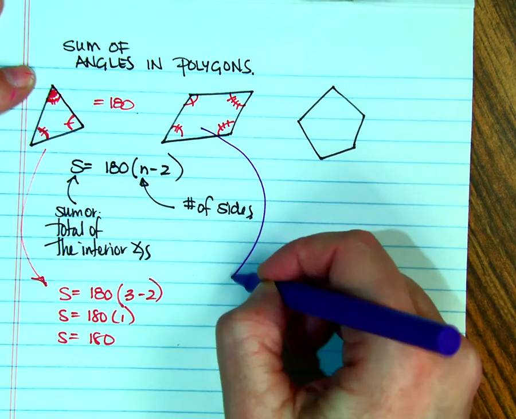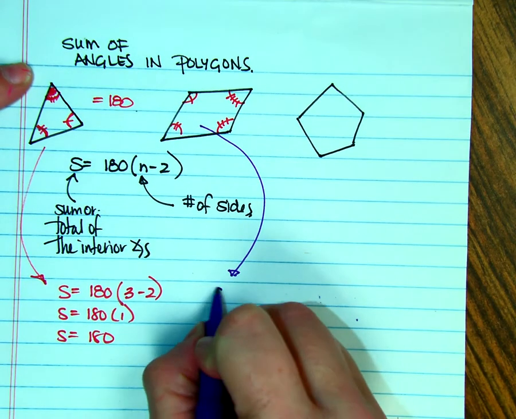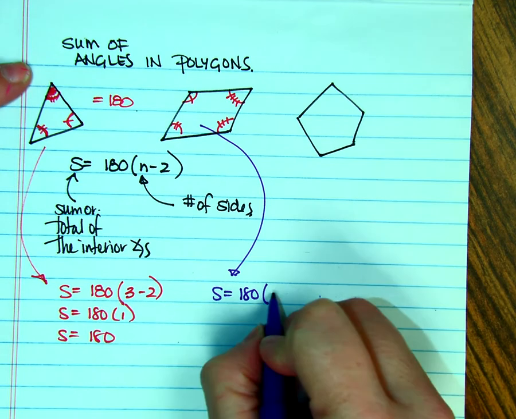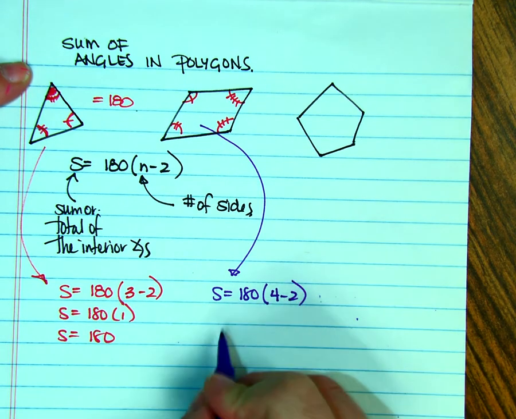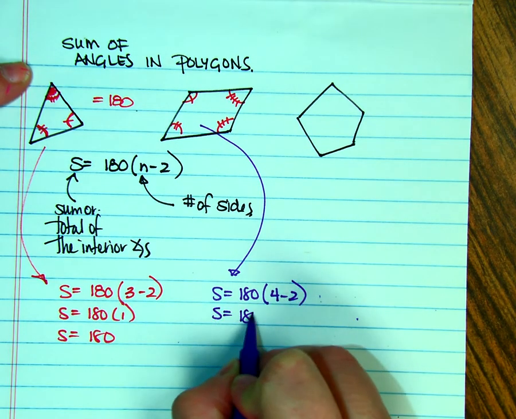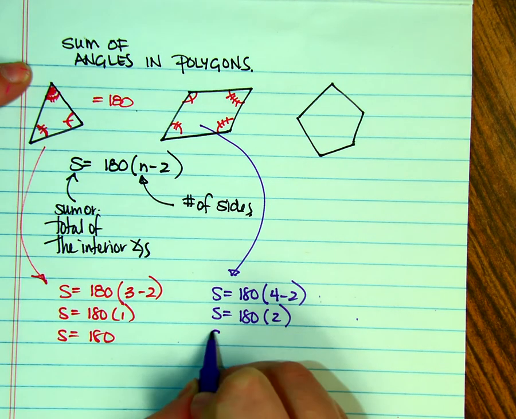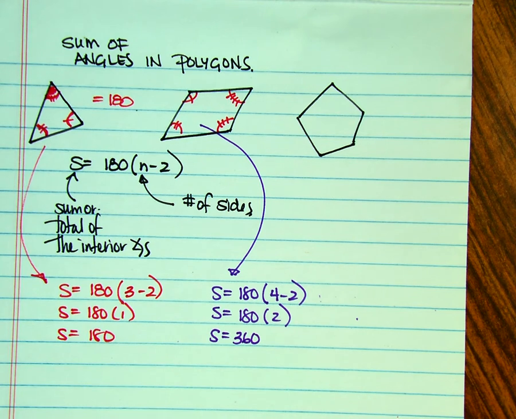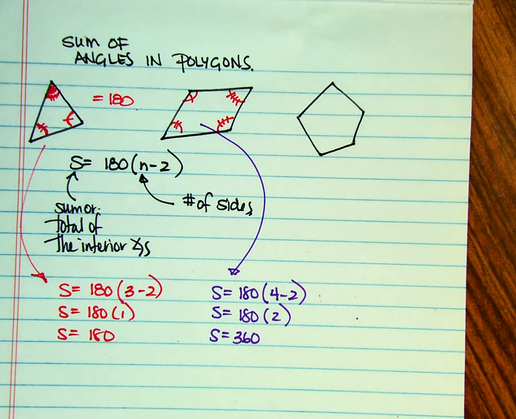For this quadrilateral, S equals 180 times, there are 4 sides. So S equals 180 times 2, which gives you 360. Okay, so we can do that for any type of polygon.